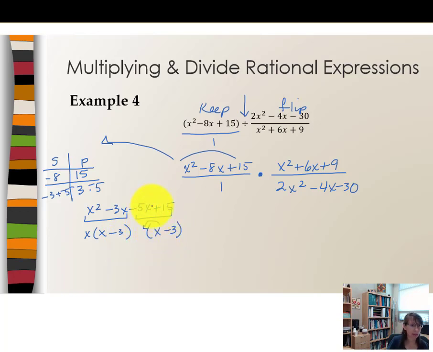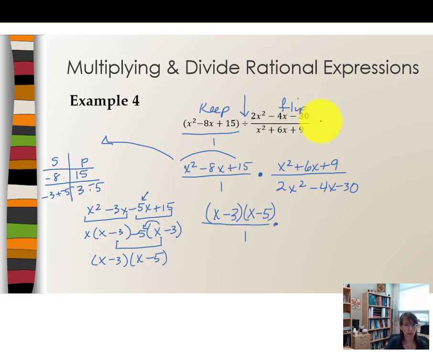Working our way backwards then, how do we create minus 5x? With minus 5. So one factor is quantity x minus 3, the other is x minus 5. So going back to our rational expression form, I now can fill in quantity of x minus 3 and quantity x minus 5 over 1.